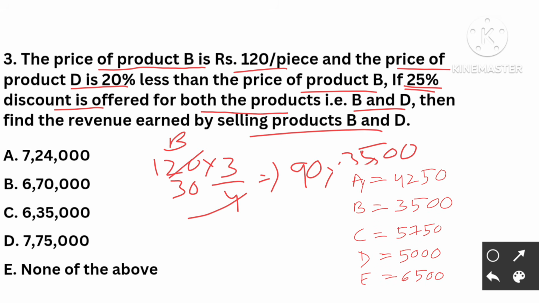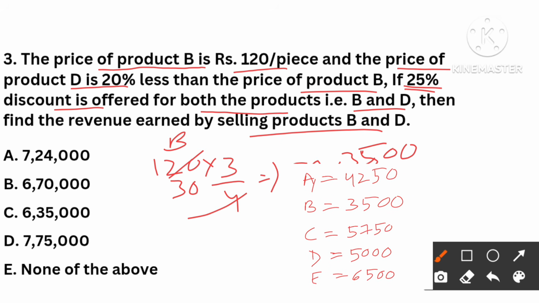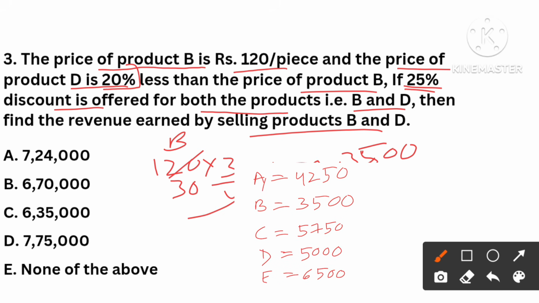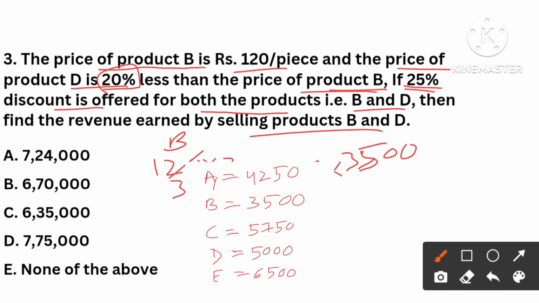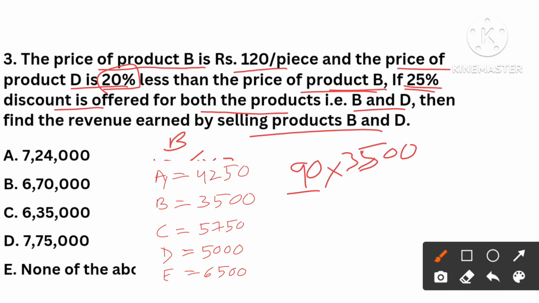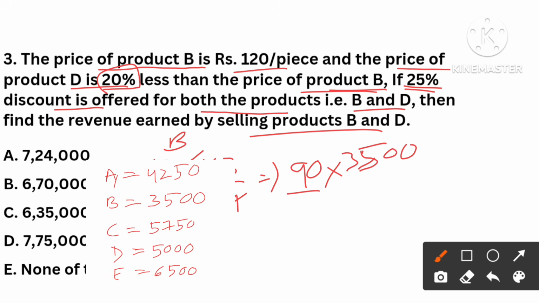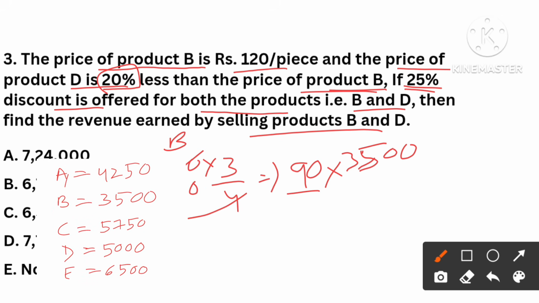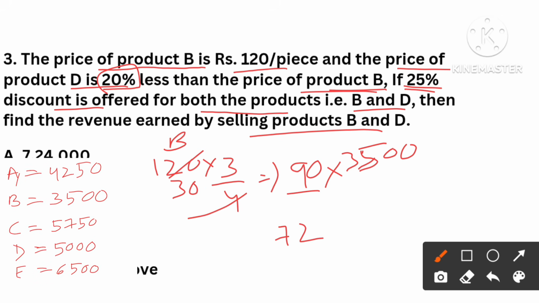Next, D. The D price is 20% less than the product B, so we got 90 here. 20% less means 18 less, and 18 less means 72 is the selling price of D. The number of products sold for D is 5000.